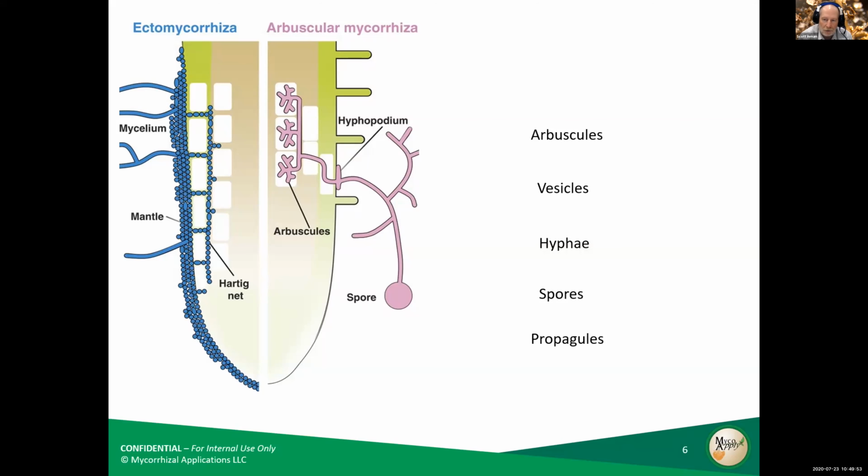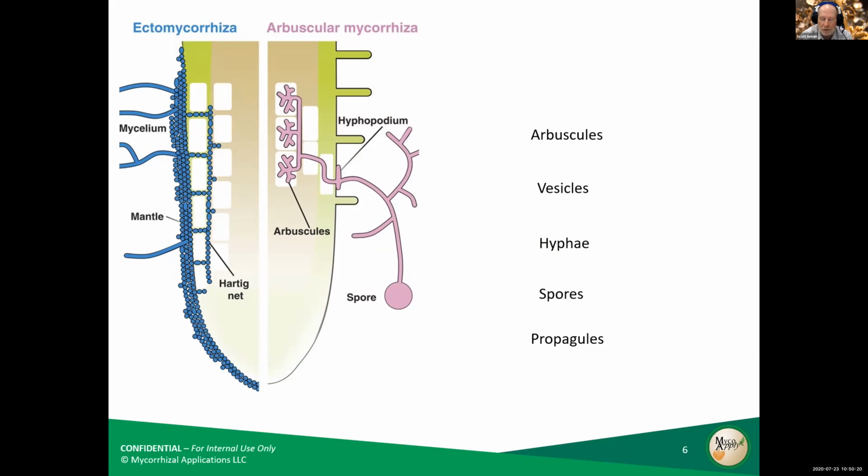Then structures called arbuscules form, and this is where the exchange happens with the plant. In the association, the mycorrhizae can get everything it needs out of the soil except for one component, and that is carbon. That is what the plant provides to the mycorrhizae in exchange for bringing nutrients and water back to the plant. So everything is happening at the cell level, at the arbuscule.